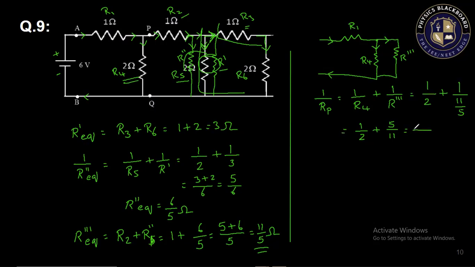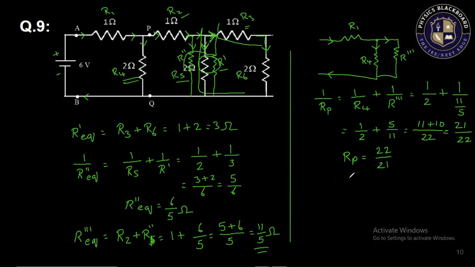So further, the denominator, what will you get? 22. It will be like 11 plus 10. So how much will you get? 21 by 22. 21 by 22. But if you take the reciprocal of that, you will get 22 by 21, right?